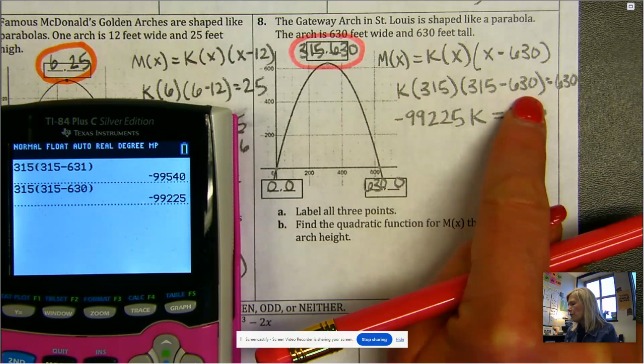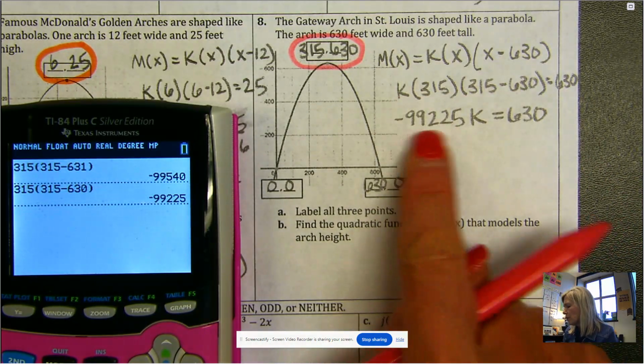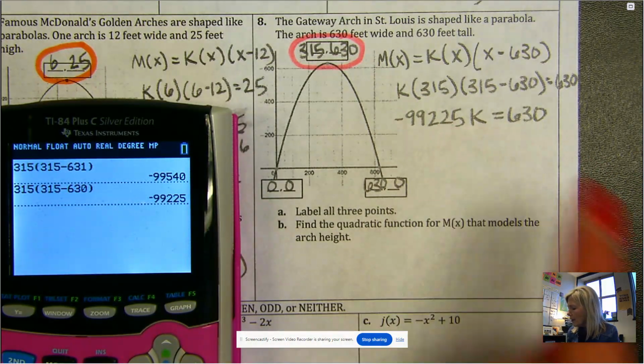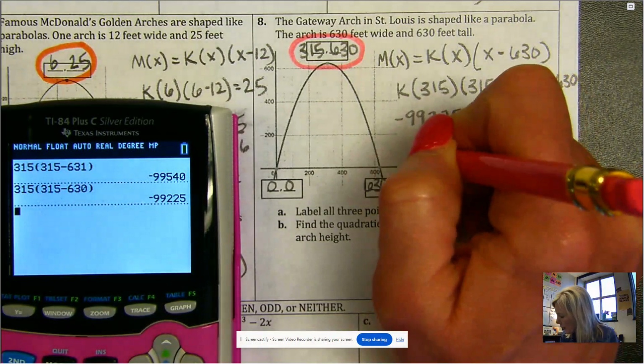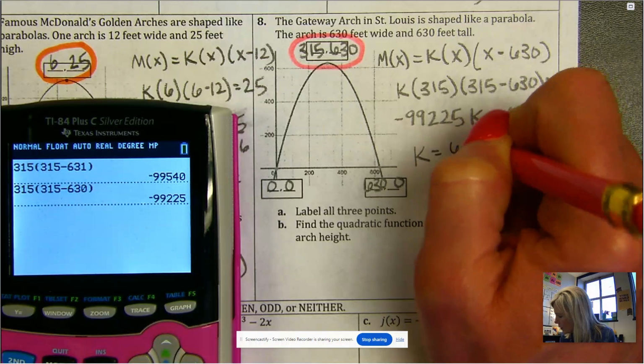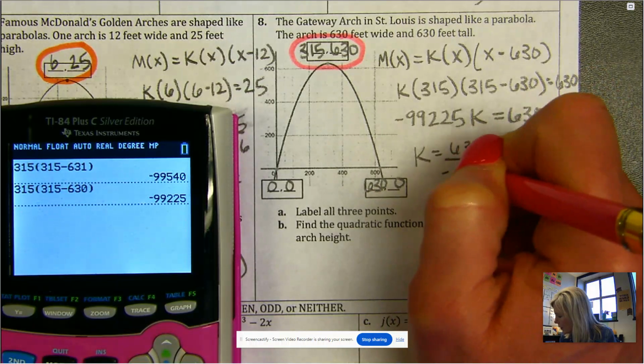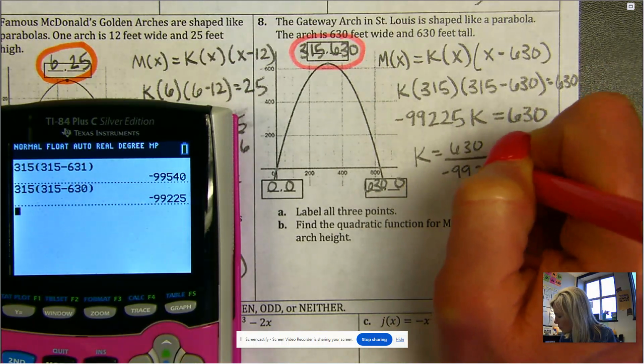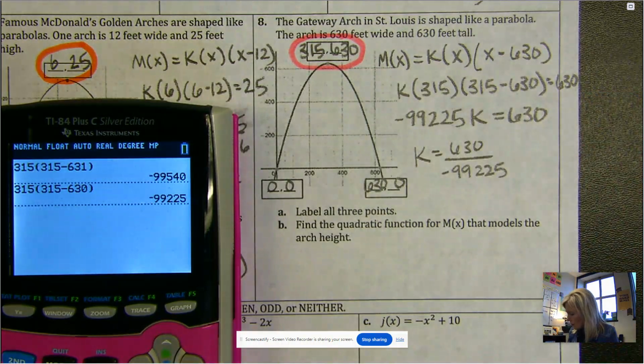This all simplifies to negative 99,225k. And so k is equal to 630 divided by negative 99,225. So 630 divided by negative 99,225 is a long decimal.